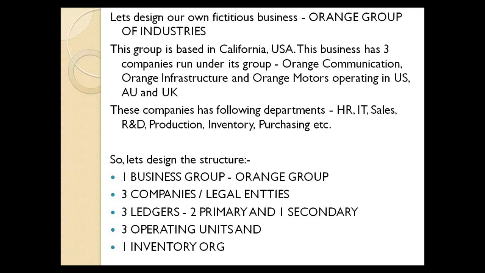So here we are going to define our own fictitious business group. Although I've named it Orange, we can take something else also. So say Orange Group of Industries, which is based in California, has 3 companies under it: communications business, infrastructure business, and motors business, which are operating in multiple locations, so US, Australia, and UK.